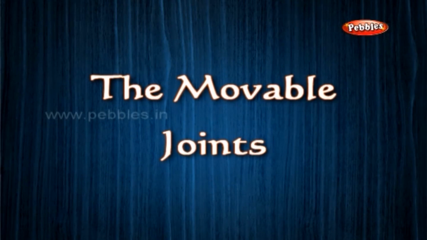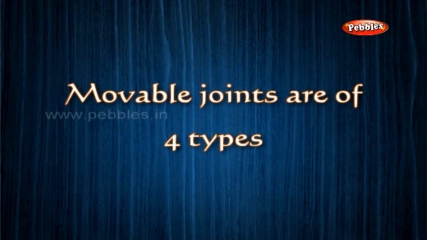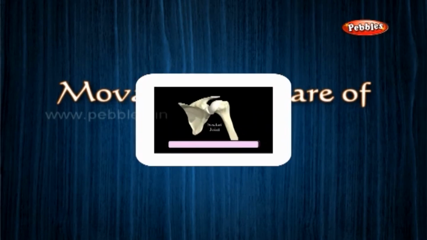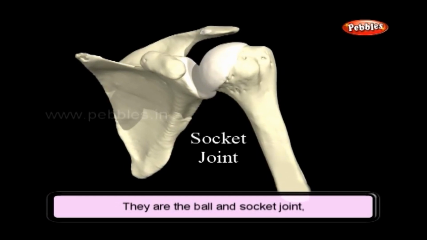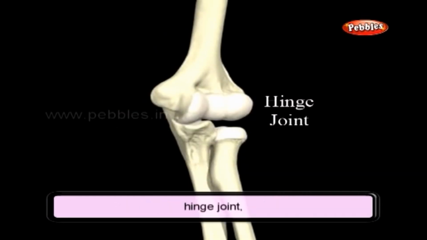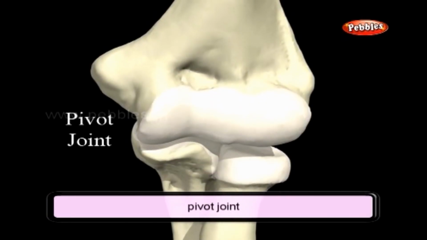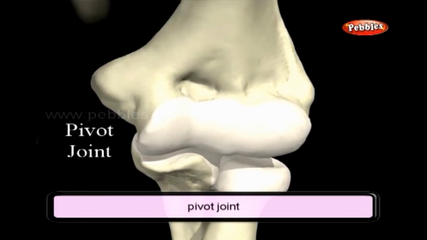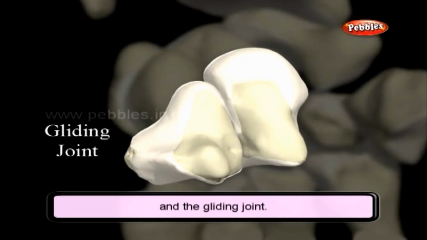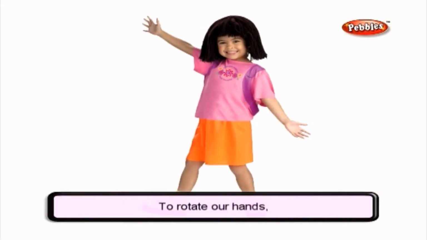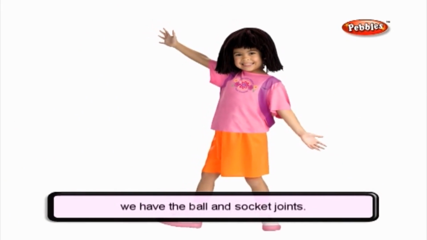The movable joints. Movable joints are of 4 types. They are the ball and socket joint, hinge joint, pivot joint, and the gliding joint. To rotate our hands, we have the ball and socket joints.